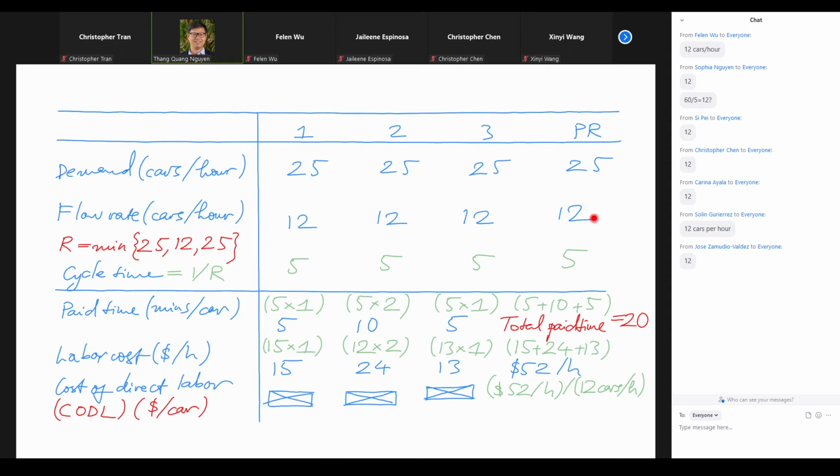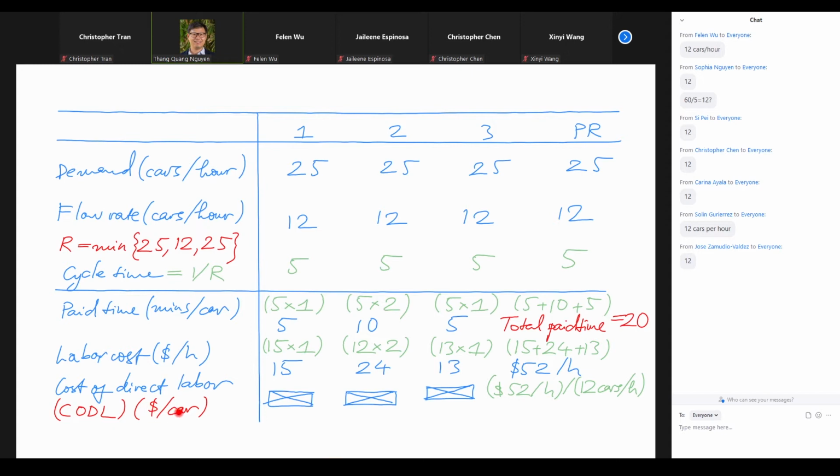So again, let's recap. We know how much it costs to hire the workers in 1 hour. And in the same hour, we know how many cars go through, right? So when we divide that by that, we're gonna know how many dollars we spend on each car.